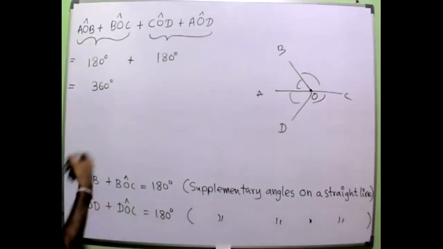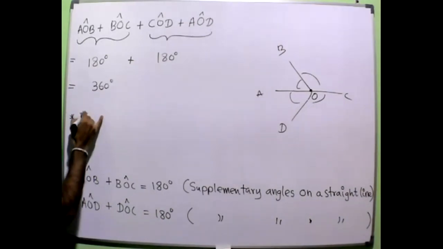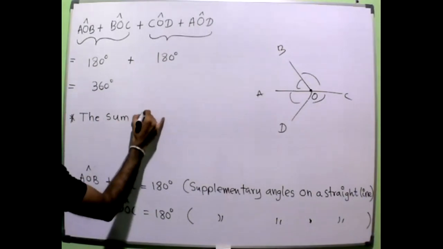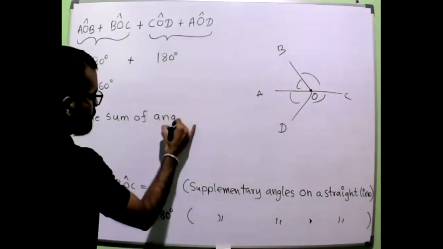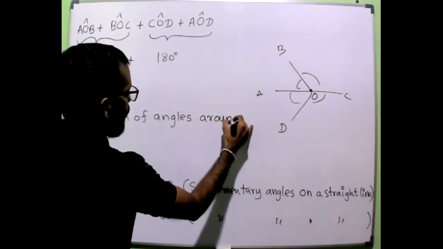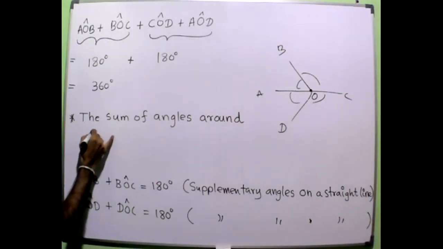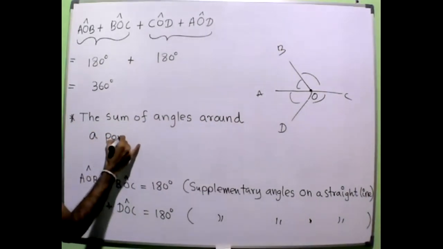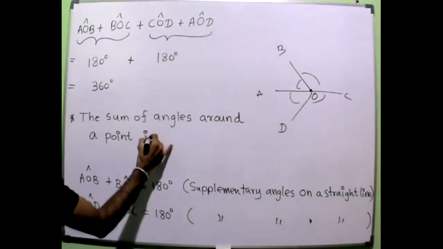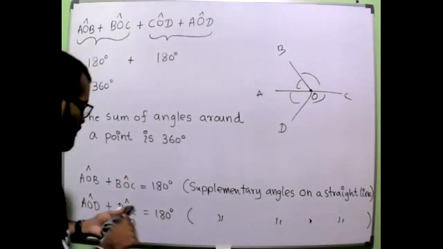That means finally you can understand the sum of angles around a point is 360.